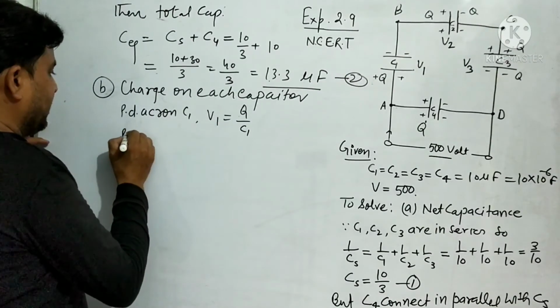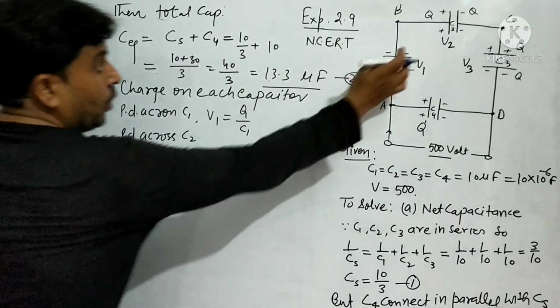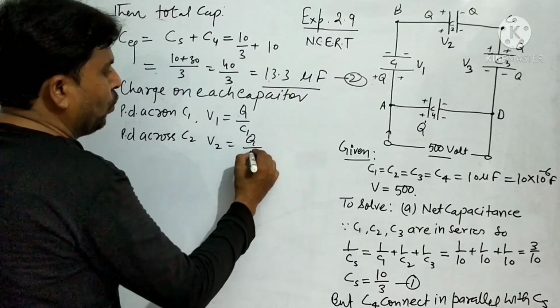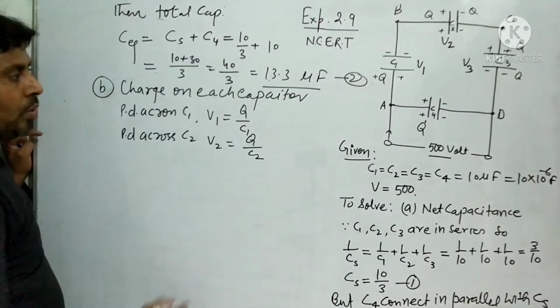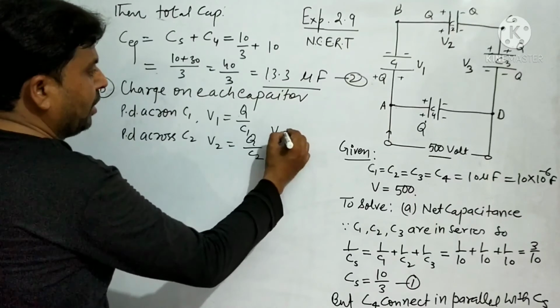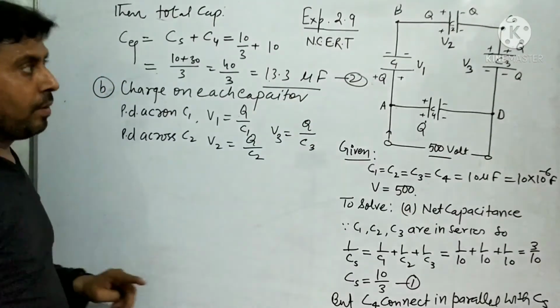Potential difference across C2, second capacitor, that is V2 equal to Q over C2, and potential difference V3 equal to Q over C3.